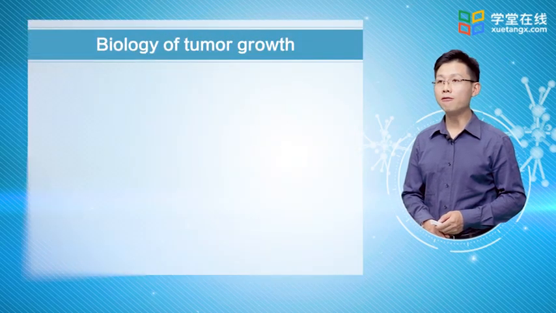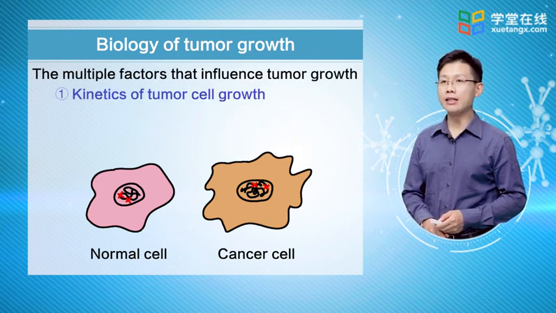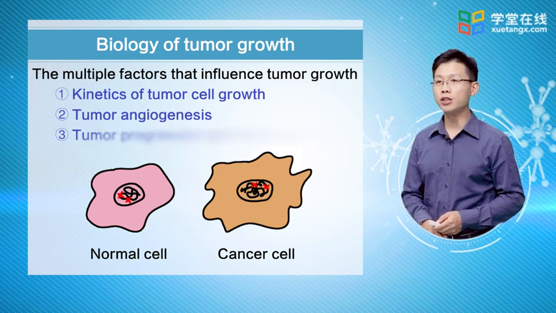First, let's get to know the biology of tumor growth. Generally, a tumor cell is a cell that grows out of control. Some factors influence this process, including the kinetics of tumor cell growth, angiogenesis, and tumor progression.